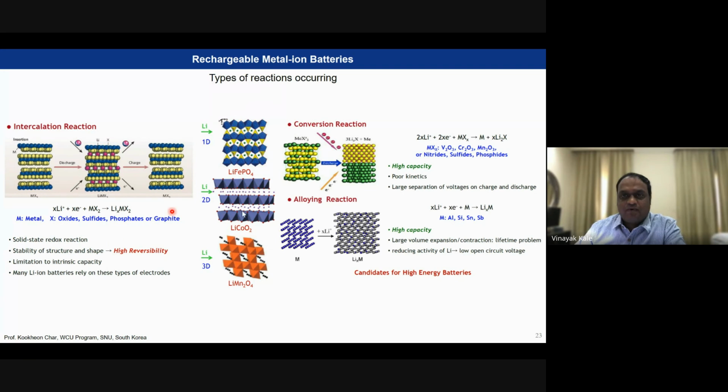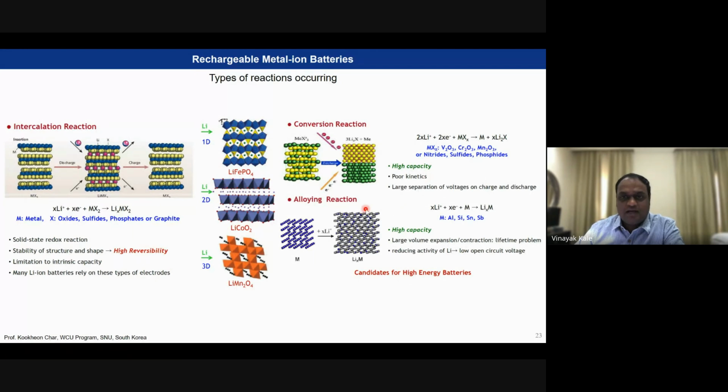Another type of reaction is the conversion reaction. For example, metal oxides like vanadium oxide, chromium oxide, or manganese oxide react with lithium and form a converted product. It has high capacity, but it has poor kinetics and a large separation of voltage on charge and discharge.